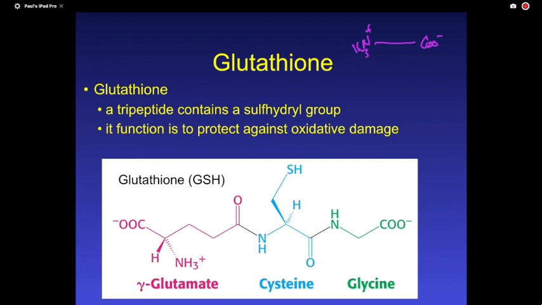What is weird about glutathione? You have two carboxy groups. All right. You also have an N-terminus and a C-terminus. How did I end up with two C-terminus, one at one end and one at the other? What is strange about the peptide bonds here?